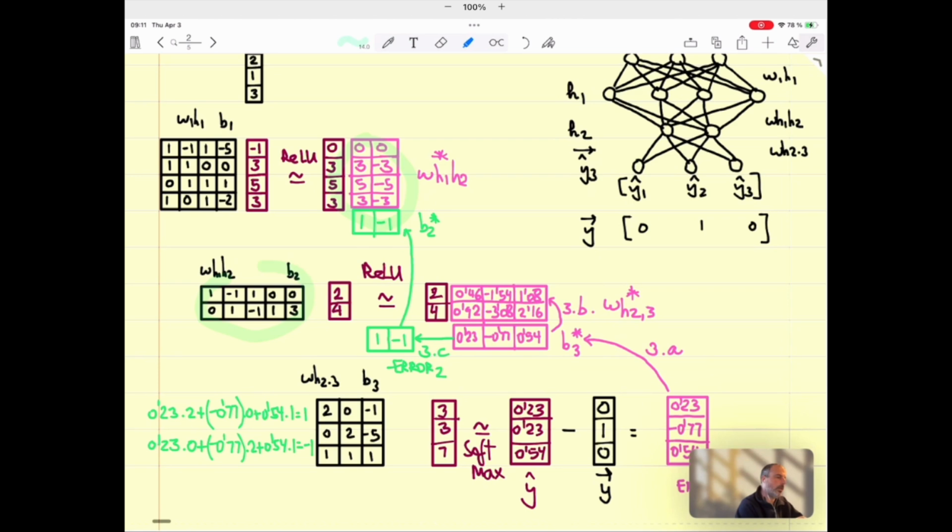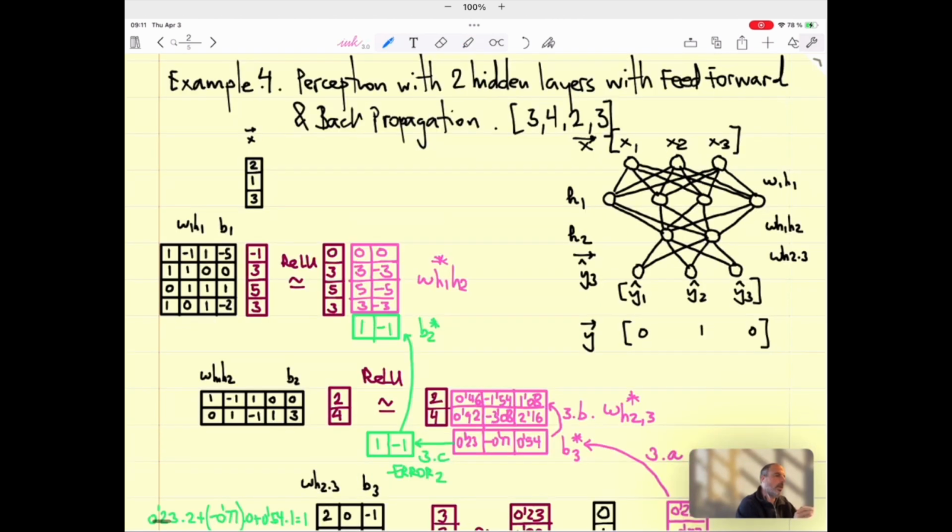And then again, we go and say, okay, this needs to be multiplied by the old weights to get the results. So suck, suck, suck.